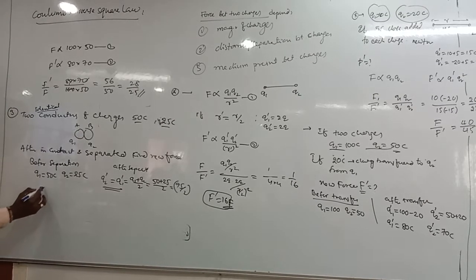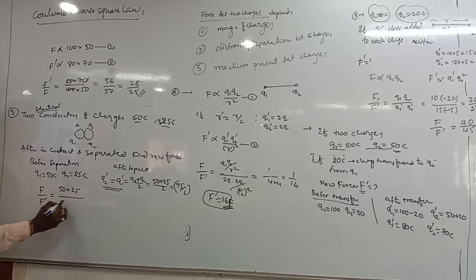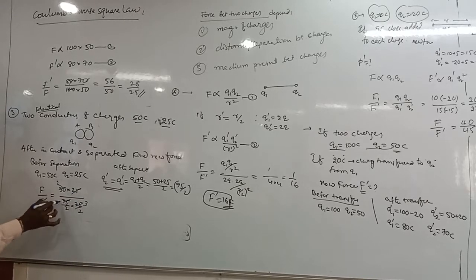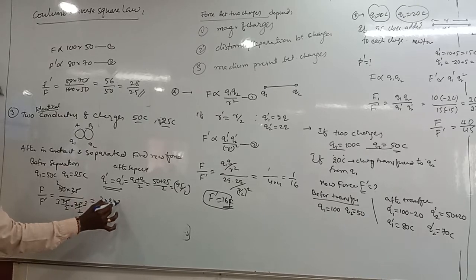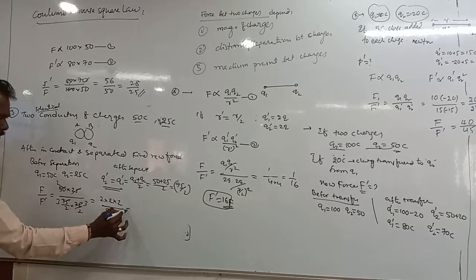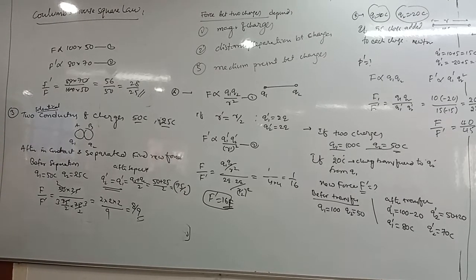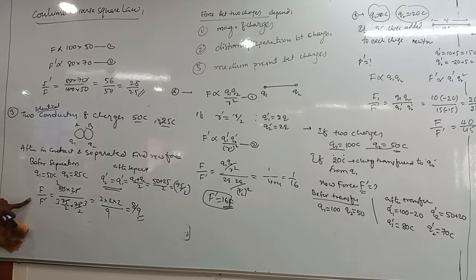Then the ratio F by F dash is 50 into 25 divided by 75 by 2 into 75 by 2, which gives 8 by 9. This is the ratio between the forces before and after contact, or after sharing the charges.